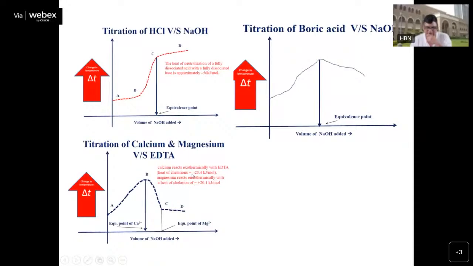Calcium reacts exothermically with EDTA, with a heat of chelation of 23.4 kilojoules per mole, and magnesium reacts endothermically with a heat of chelation of about plus 20 kilojoules. This is how we determine both calcium and magnesium in a sample by thermometric titration using EDTA.